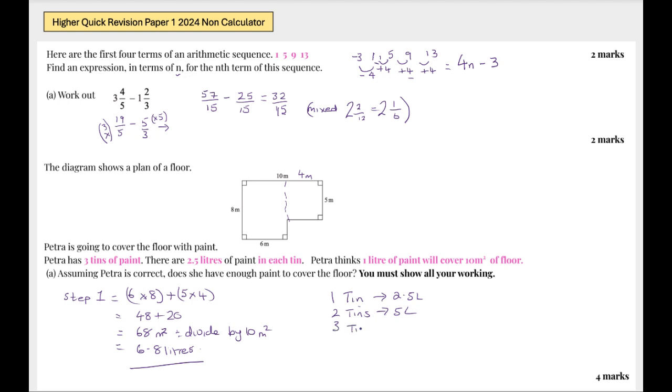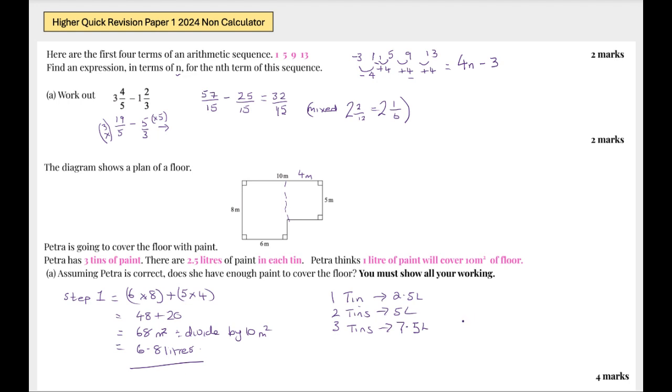And 3 tins in total, because she's got 3 tins of paint, equals 7.5. So basically, yes, she has enough because there is 7.5 litres available and she only needs 6.8. So we've got plenty of paint.